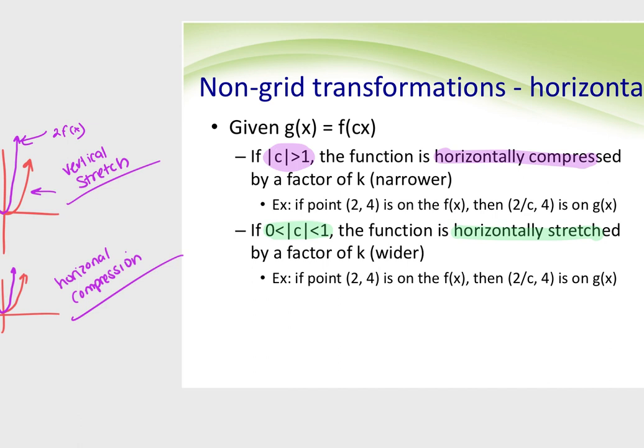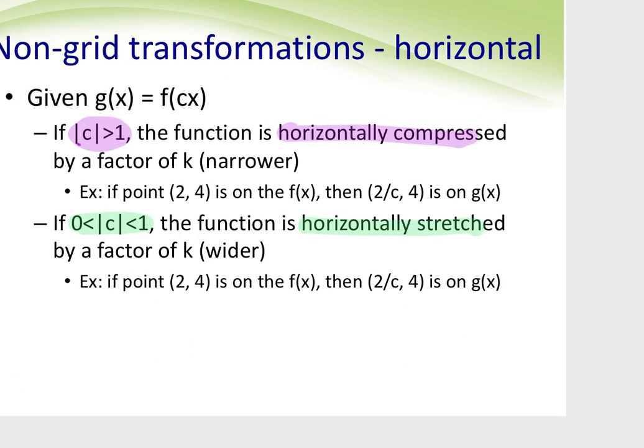So then the difference on the coordinate points is that we divide the x. Instead of multiplying the y as with a vertical change, if it's a horizontal, we divide the x by c. So if my c is greater than 1, if it said f of x equals 2 times the absolute value of x, that's a vertical stretch.